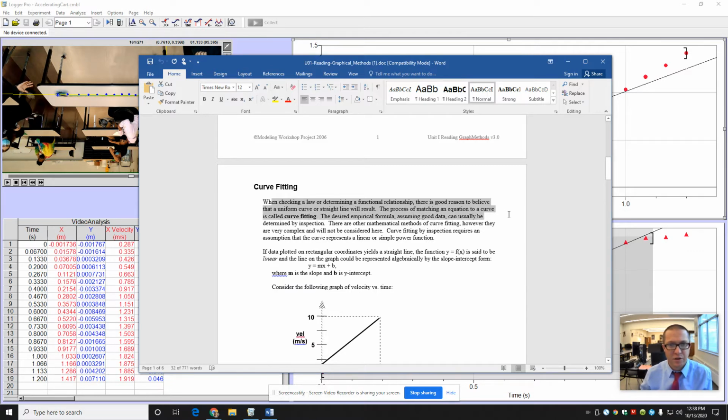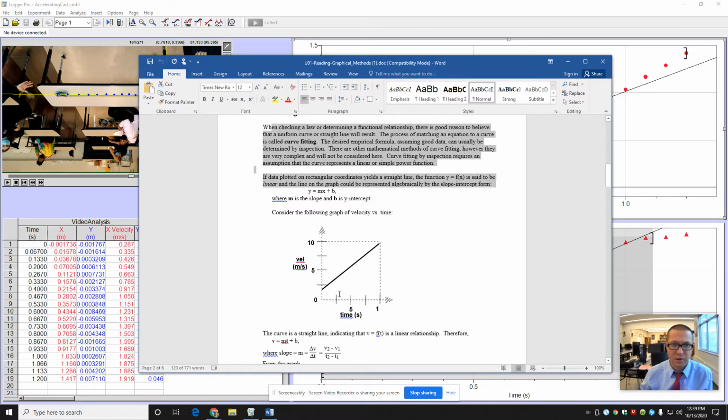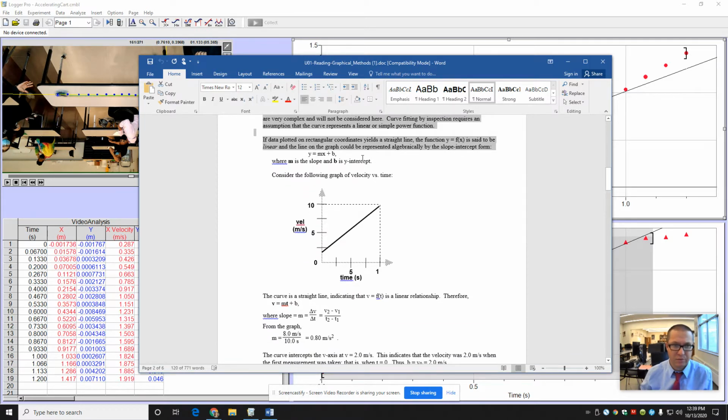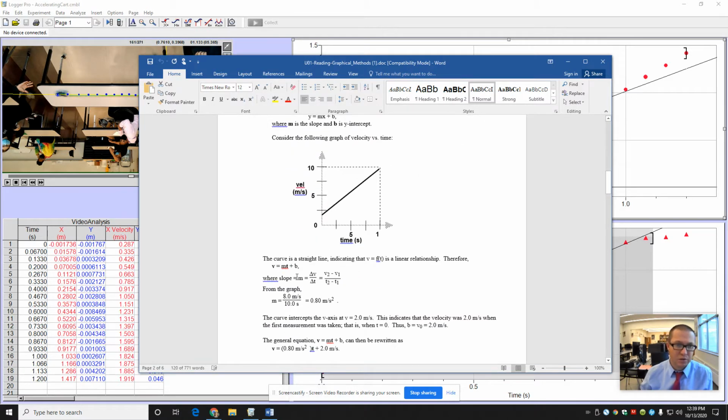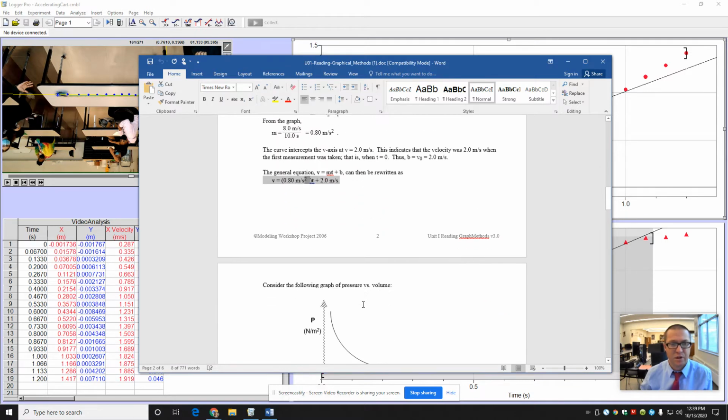The process of matching an equation to a curve is called curve fitting. It shows you how to write the equation like we did in class, y equals mx plus b. But then the slope of the line you have to determine to be 0.8 meters per second squared. So then the experimental equation is written like this, which we did in class for labs.